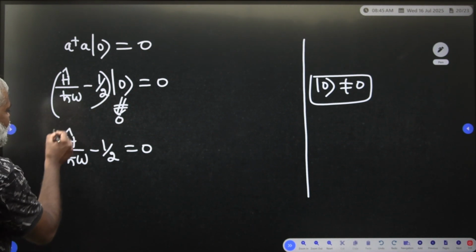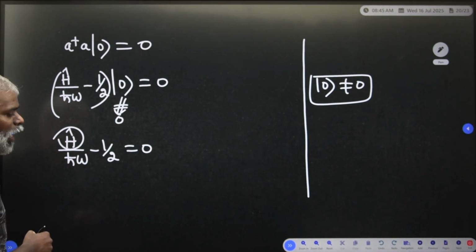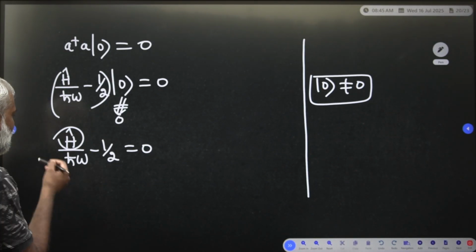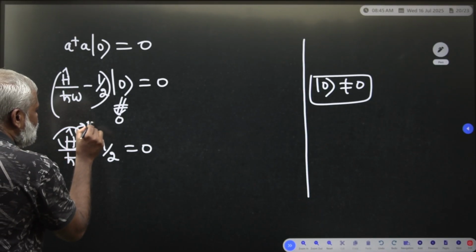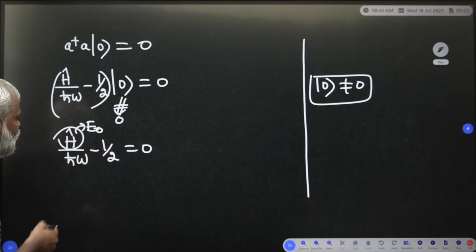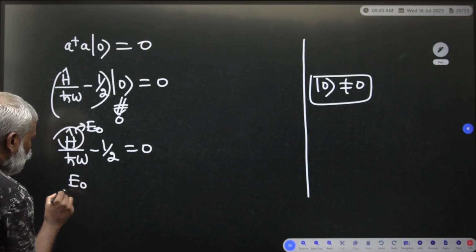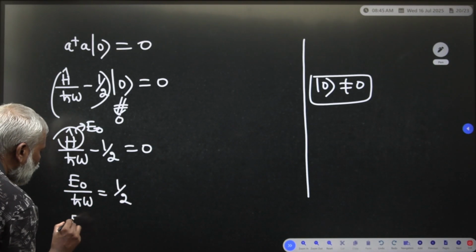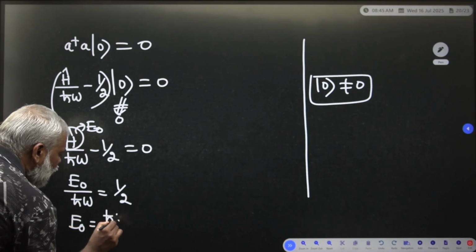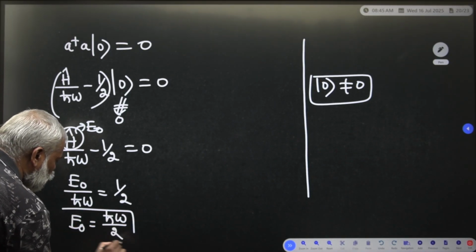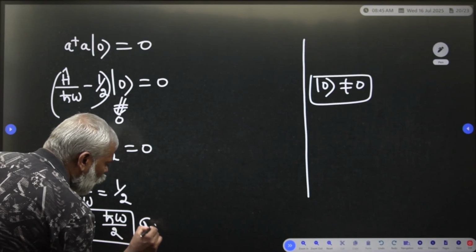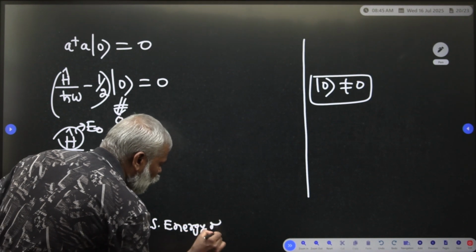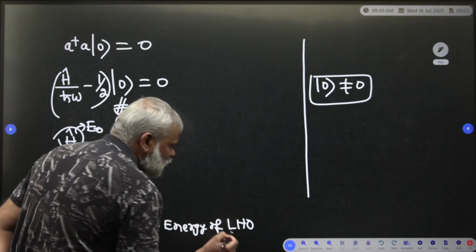Therefore, what energy value do you get? That energy En here means E0. So E0 divided by ħω is equal to 1 by 2, E0 is equal to ħω divided by 2. This energy is the ground state energy of the linear harmonic oscillator.